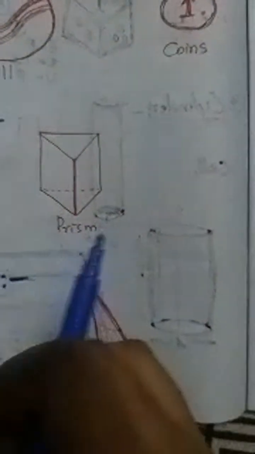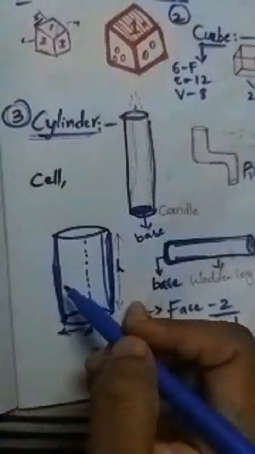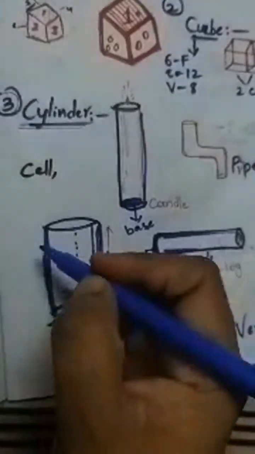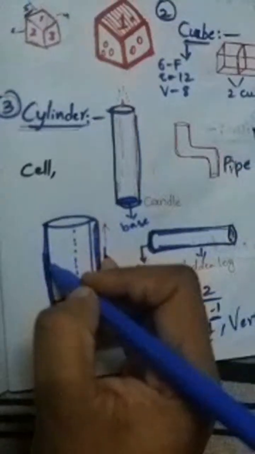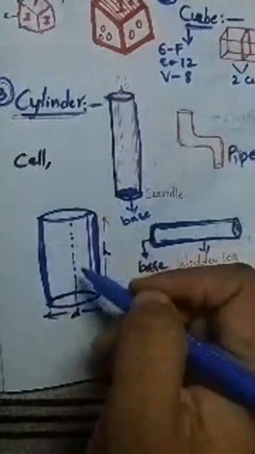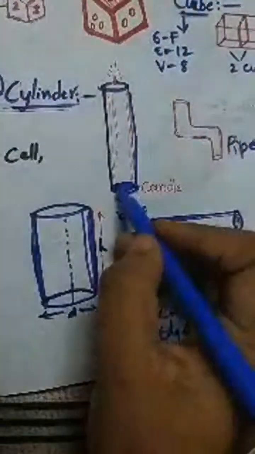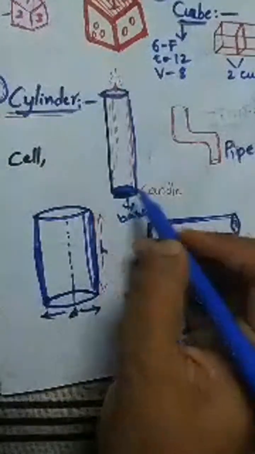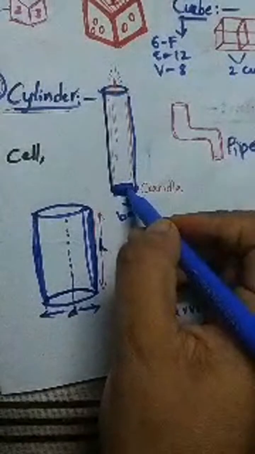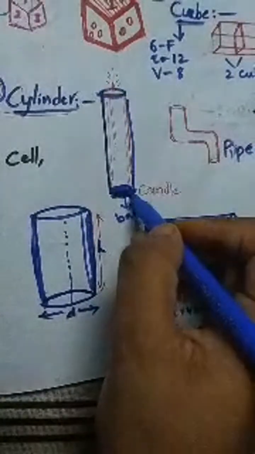Okay, here is the cylindrical shape. The surface on which the candle rolls is called the curved surface. That is one. I have shown the curved surface here. This can roll. The surface on which the candle does not roll is the base. It stands vertically on this base, which is circular in shape.